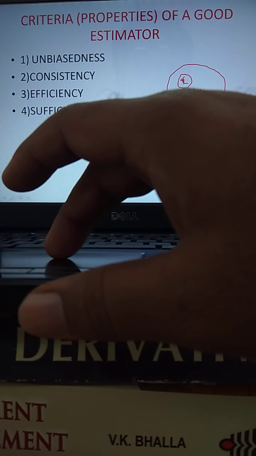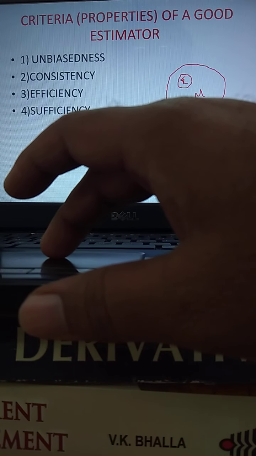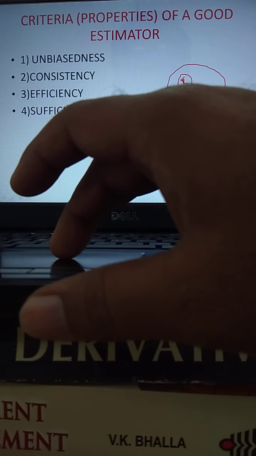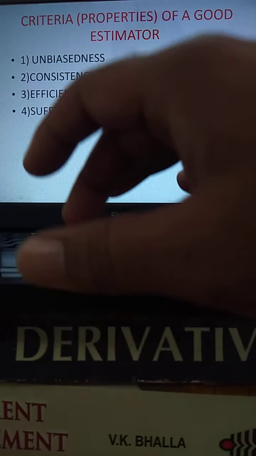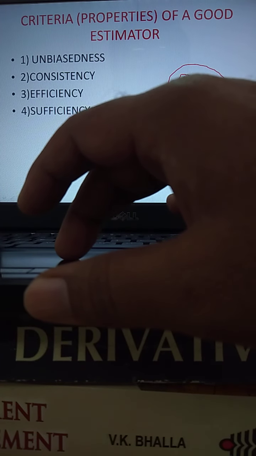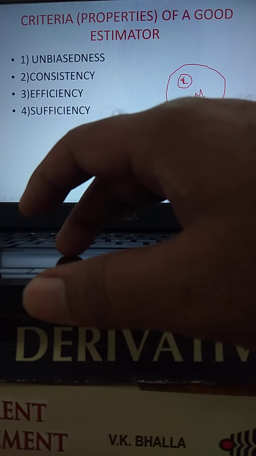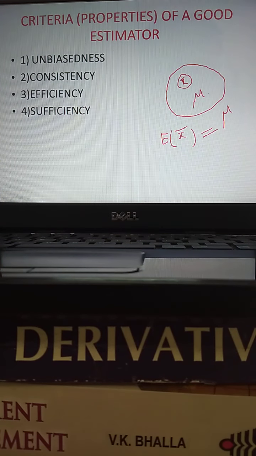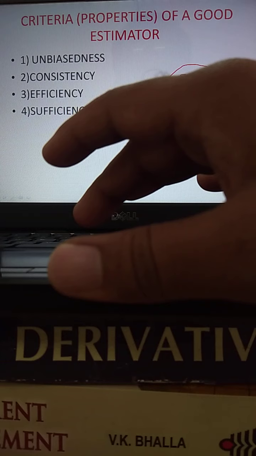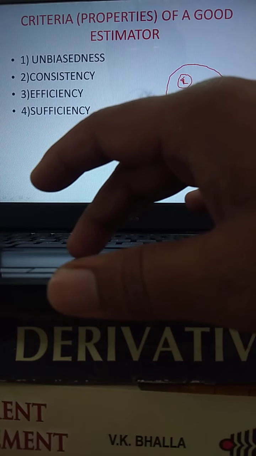So this small letter x bar is known as the sample mean, because this is the sample, or the subset of the entire population. Now this mu is nothing but the mean of the entire big circle, the population. So what do you mean by the unbiasedness property?